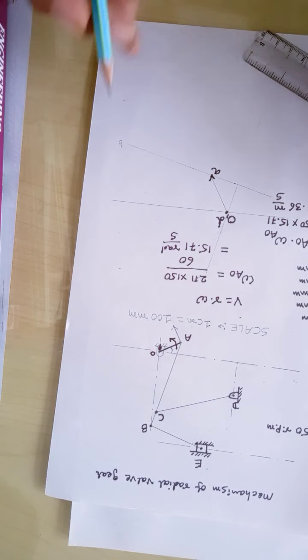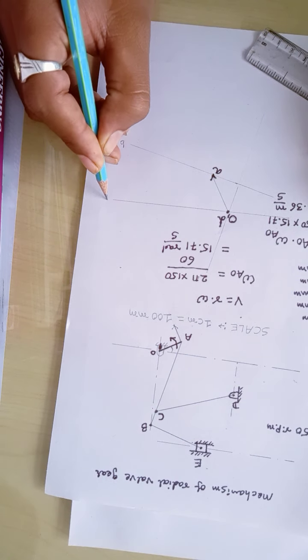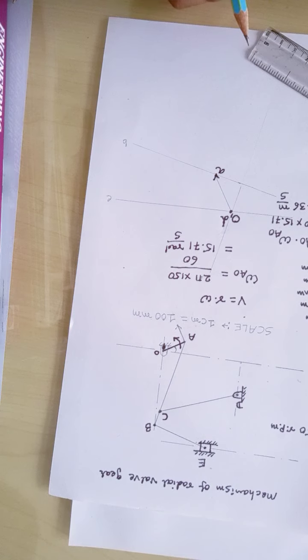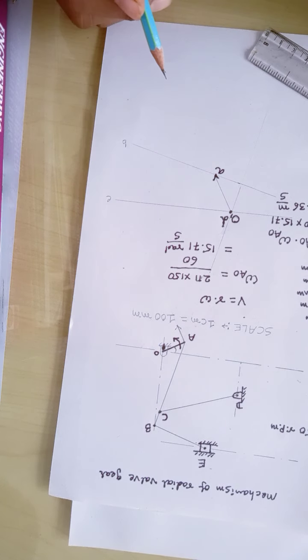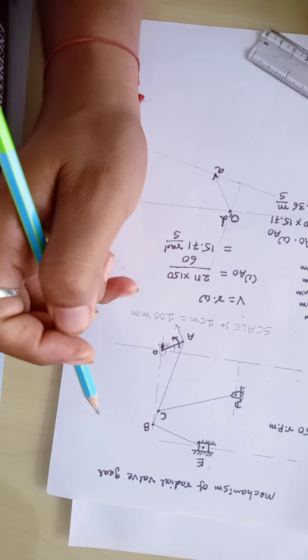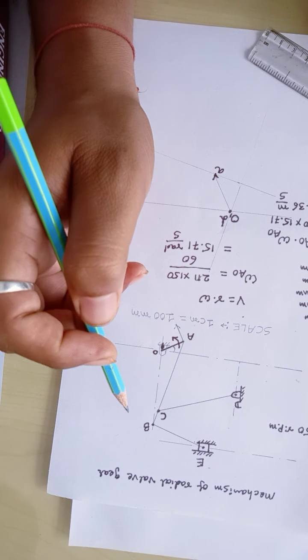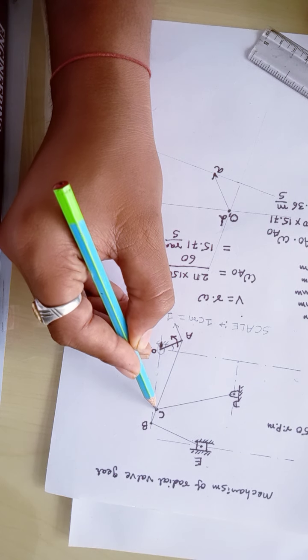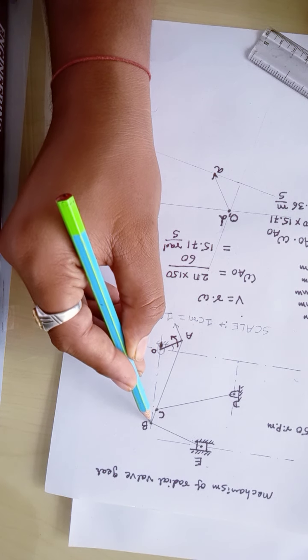Now I don't know where the B will be, and B is connected to E. So first of all I have to find out location of C, then I can find out B.